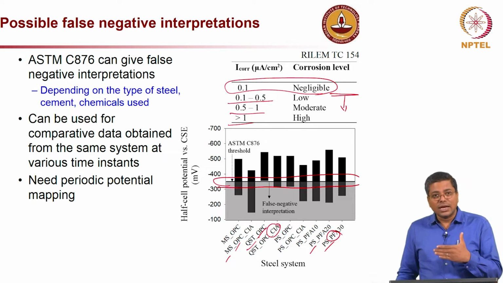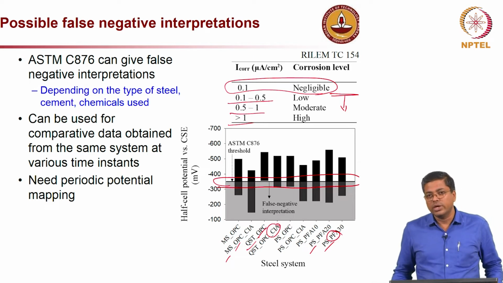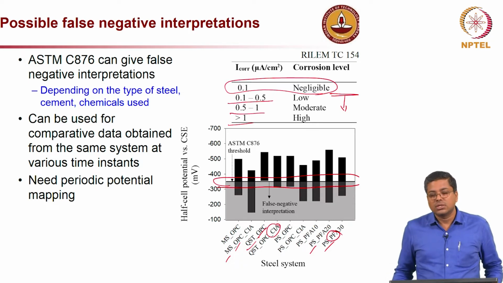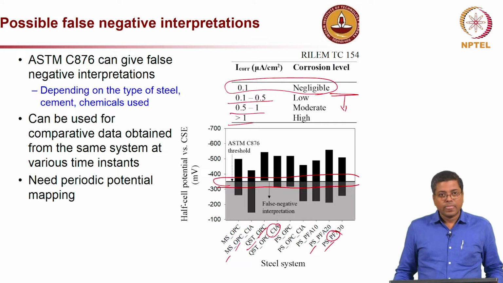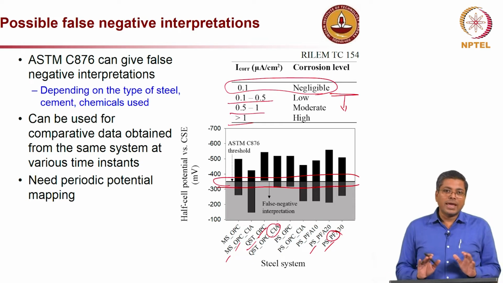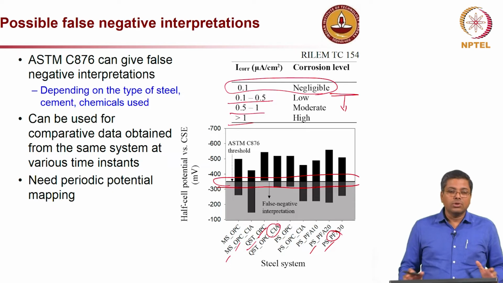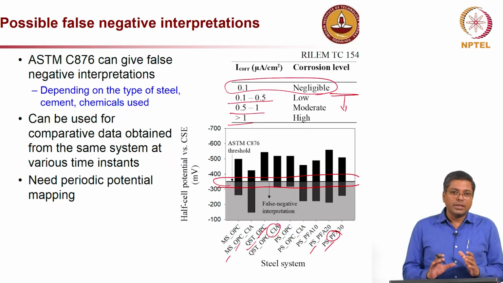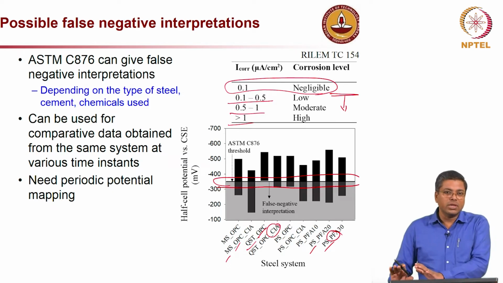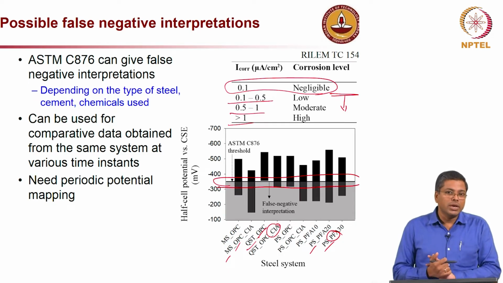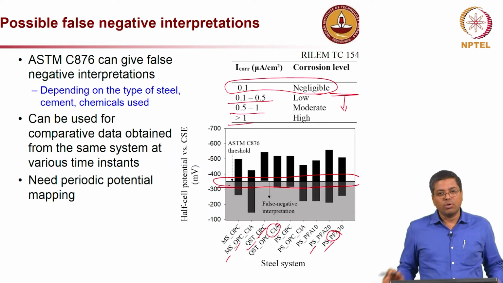But at this moment, if you are given a structure, how do we use this technique of potential mapping? We have to build a contour map, and instead of blindly looking at minus 350 millivolt as a criterion, develop a contour map and say that the more negative regions have more probability of corrosion than the more positive regions.